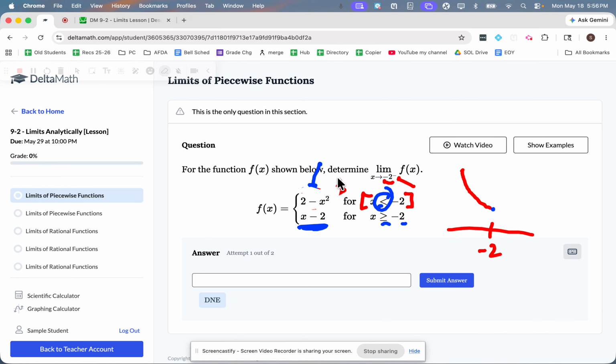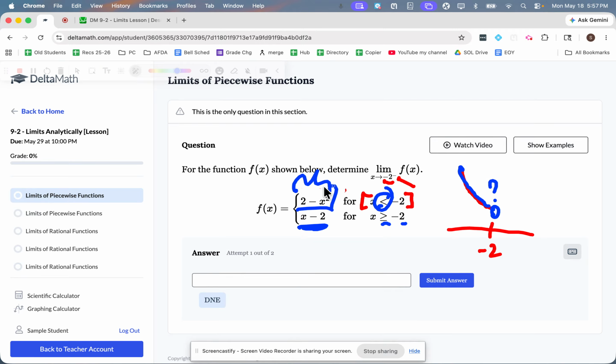And the destination is -2 for the part of the function that is on the left. When you get there, you draw an open circle for x equals -2 for this part, but it doesn't matter for the limit.